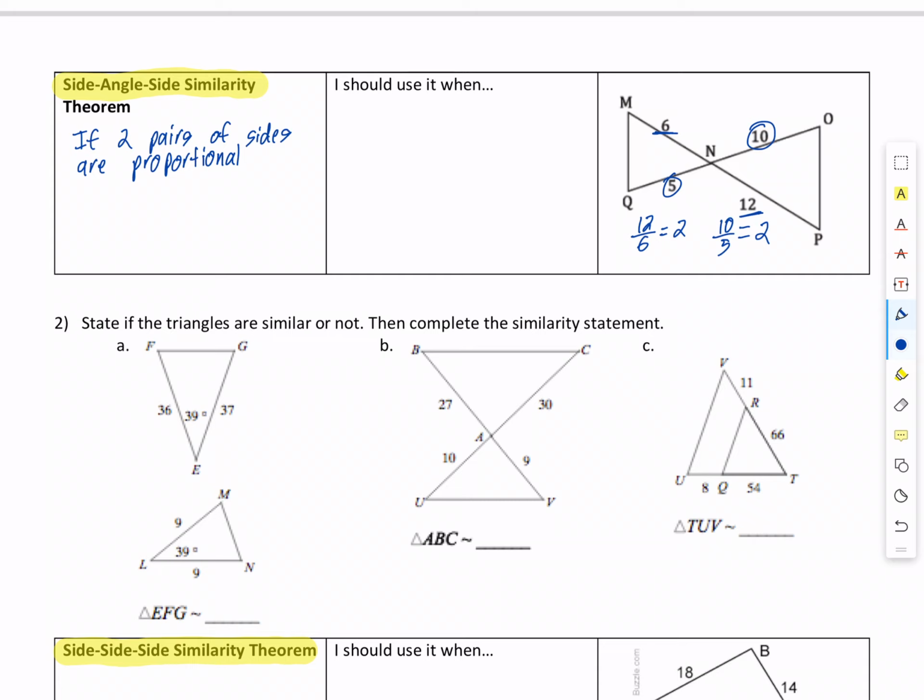So if two pairs of sides are proportional and the angle between those sides are congruent, then the triangle is similar.